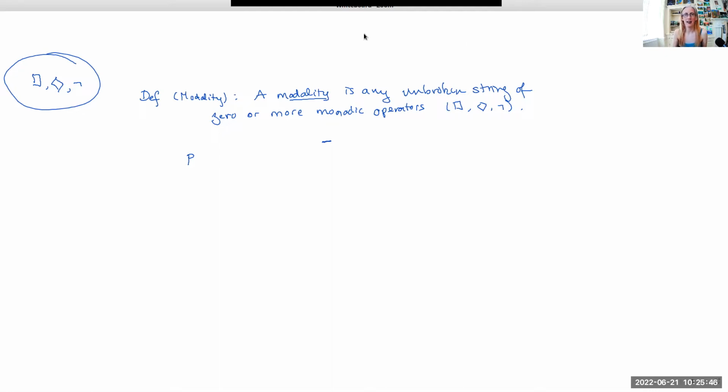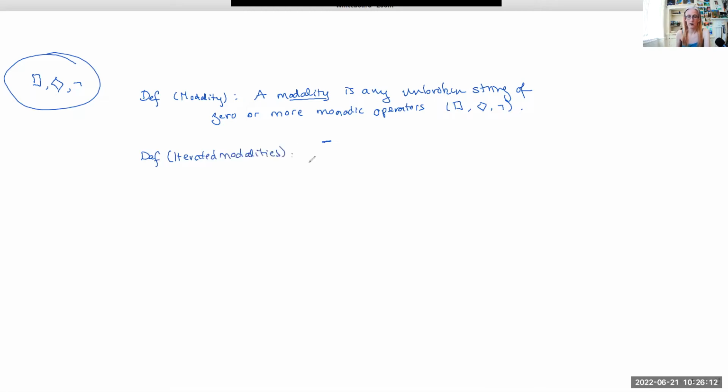This is just something that allows us to talk about, you can think of it as a name for the zero length modality. But the ones out of these modalities that are the most interesting are the ones where it's not where you have zero or you have one, but it's when you have more than one. And these we are going to call iterated modalities.